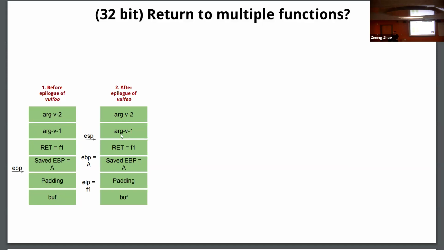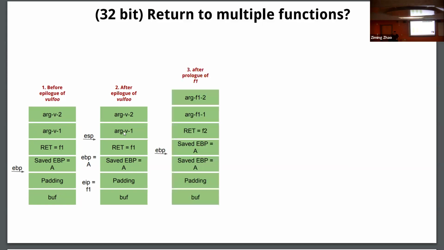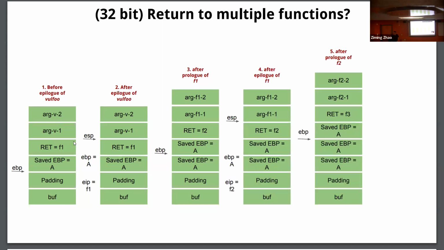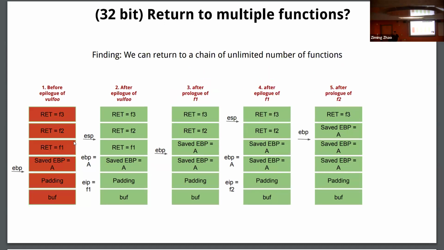After vulfu returns, the EBP will have the value A, and the ESP will move up to this place. So F1 will think these 4 bytes are the return address it's going to use. And the beauty is this 4 bytes doesn't overlap with the previous vulfu's return address, which means technically you can chain them together.